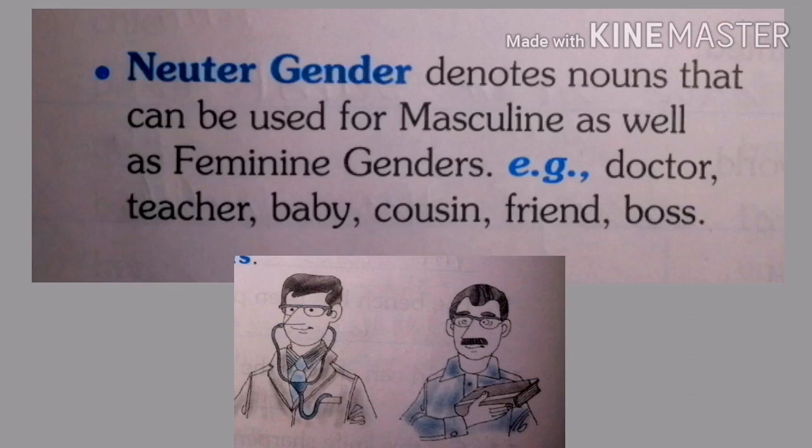For example, doctor, teacher, baby, cousin, friend, boss, etc. Even if the doctor is male or female, we call them doctor. And if our friend is male or female, boy or girl, we call them friend. So such nouns are known as neuter gender.